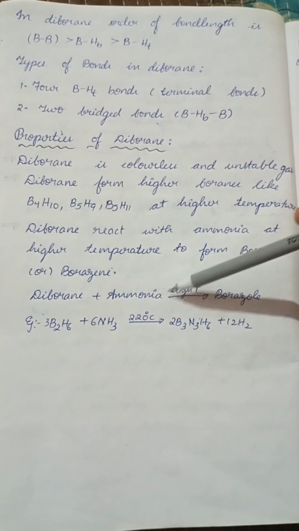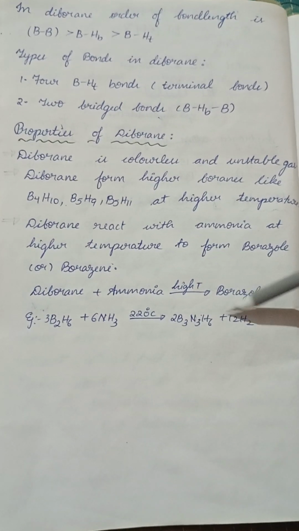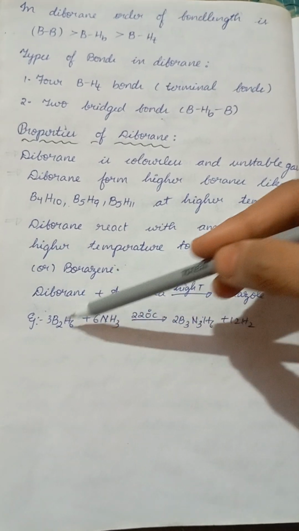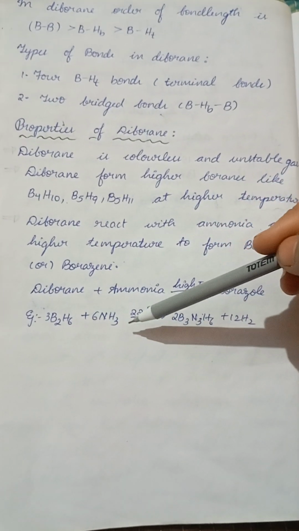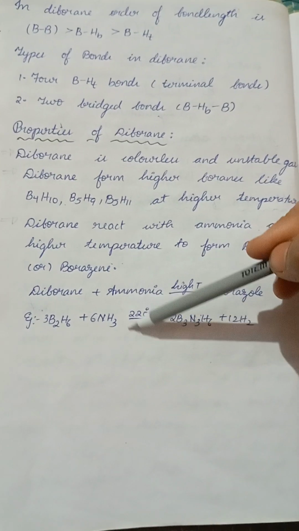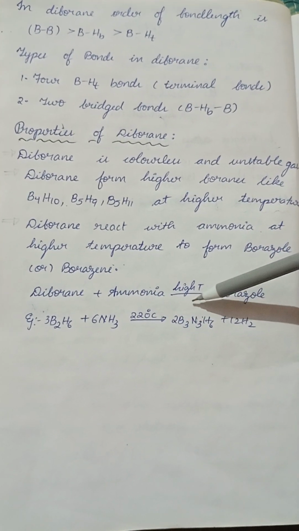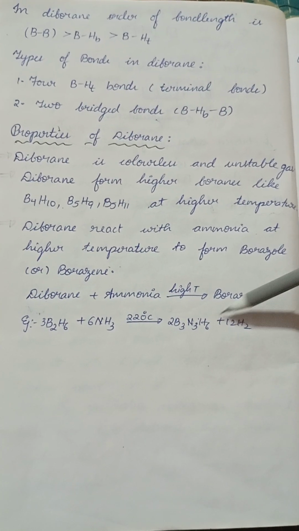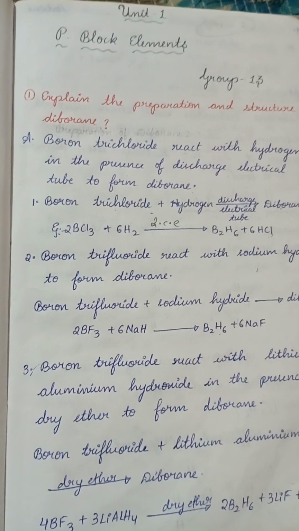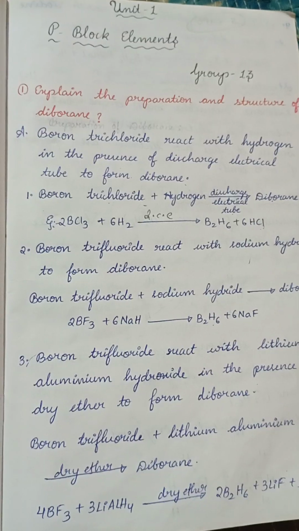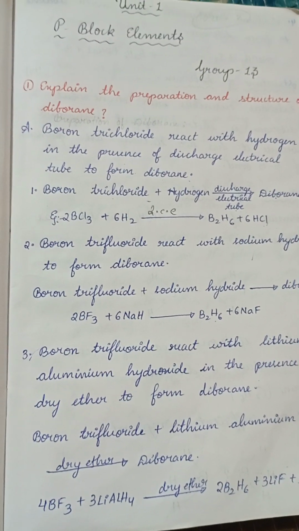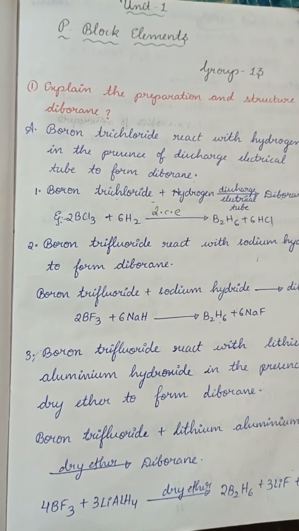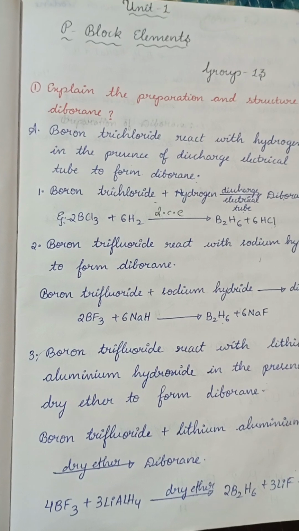Diborane plus ammonia at high temperature forms borazole or borazine. 3B2H6 plus 6NH3 at temperature 220 degrees Celsius forms 2B3N3H6 plus 12H2 gas. So friends, you can write this question to gain 10 marks in your SEM 1 exam.